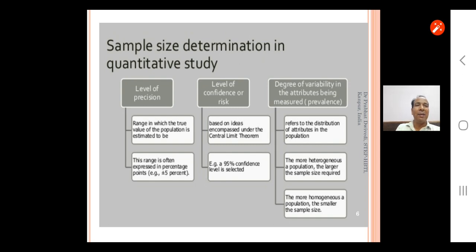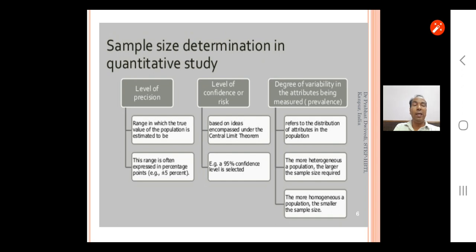How much I am picking up the correct population, that is, how much my variables or attributes are uniformly distributed in the population. Next, related to this, the more heterogeneous a population is, the larger the sample size required.